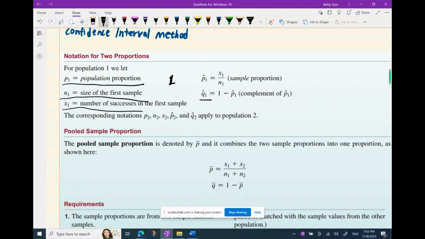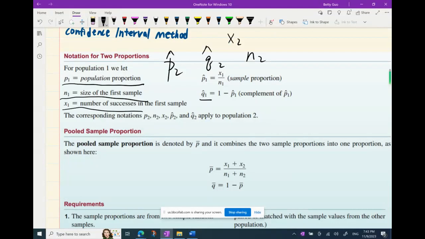are about the first sample, the sample we got from the first population, and everything with subscript 2, like P sub 2, is the second population proportion, and P sub 2 hat would be the sample proportion of the second sample, and Q sub 2 hat would be the complement of P sub 2 hat. N sub 2 would be the sample size of the second sample.